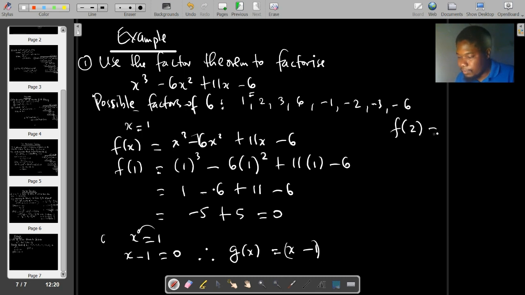That will be 2 to the power 3 in the polynomial, minus 6 times 2 to the power 2, plus 11 times 2, minus 6.